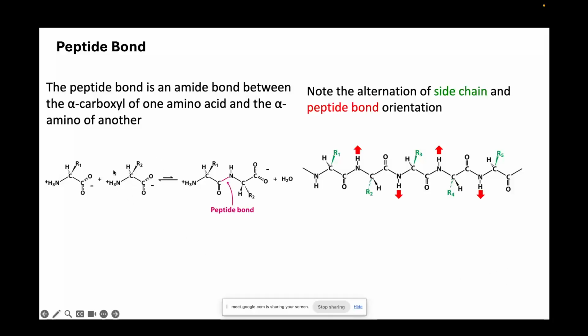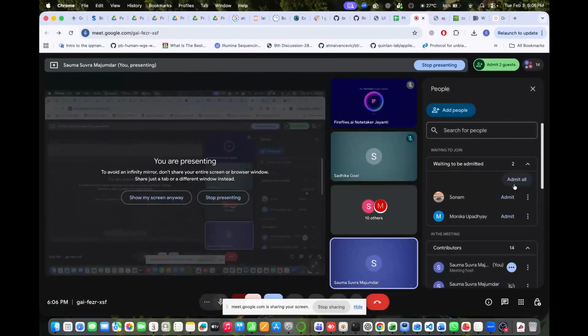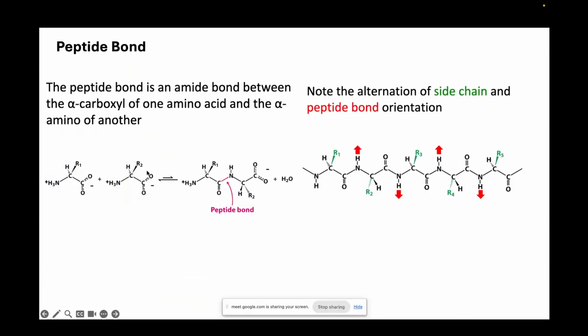So this is basically the amino group, right? This part that you see is the amino group, and this is your COO minus, which is your carboxyl group. Then you have another CH here. This is the alpha carbon, the carbon that is directly attached to the COO group.